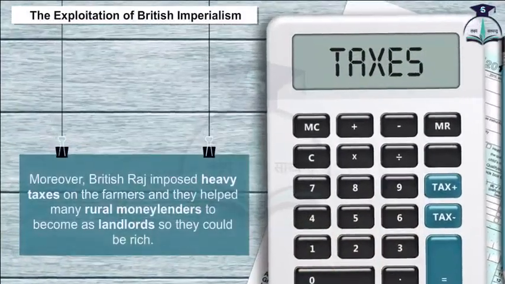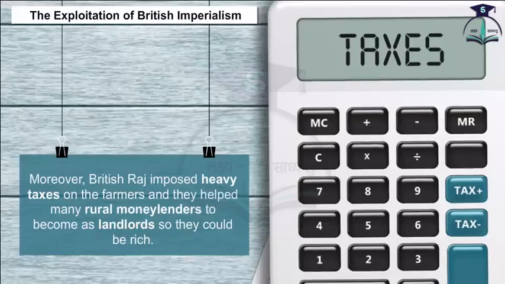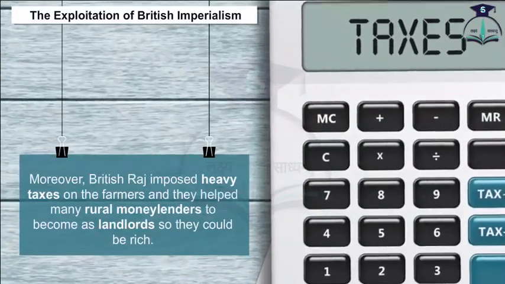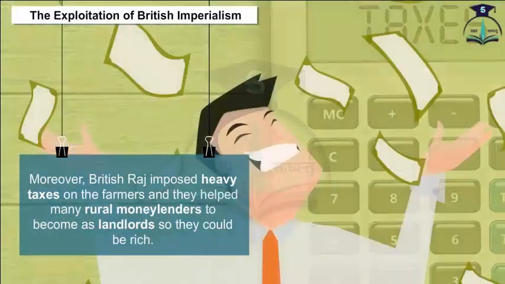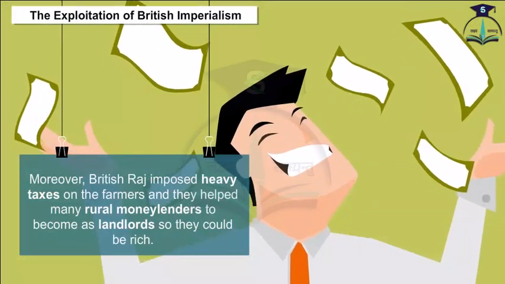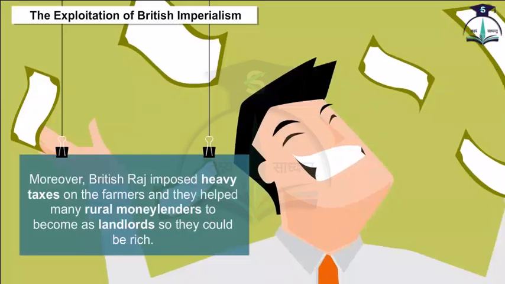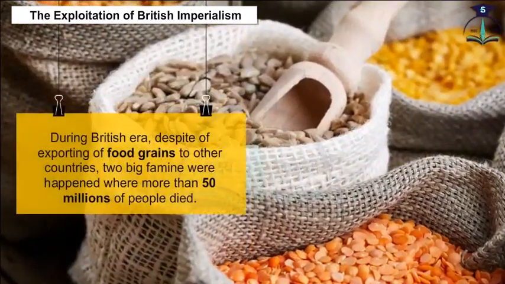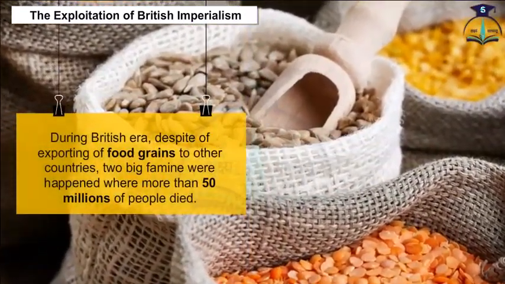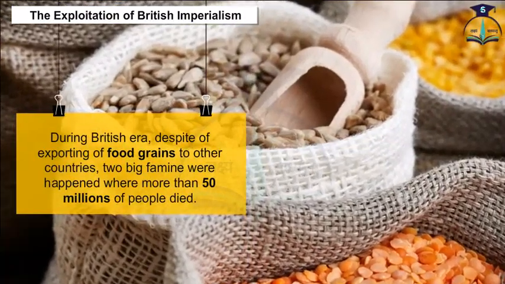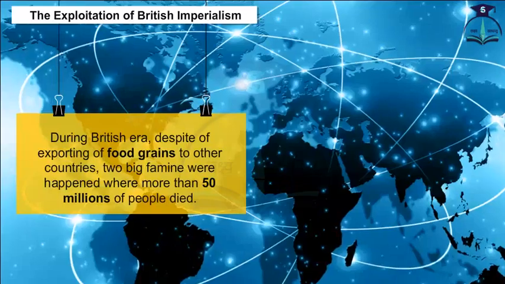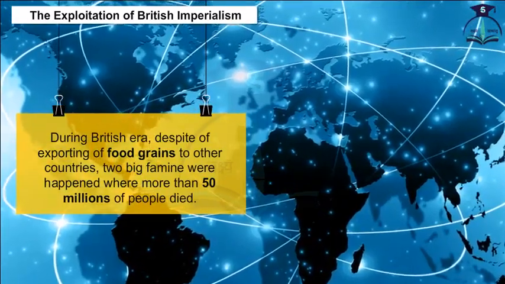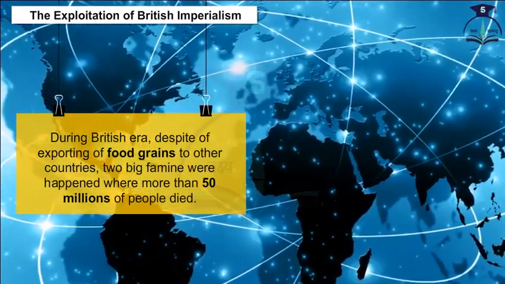Moreover, the British Raj imposed heavy taxes on the farmers, and they helped many rural money lenders become landlords so they could be rich. During the British era, despite the export of food grains to other countries, two big famines happened in which more than 50 million people died.